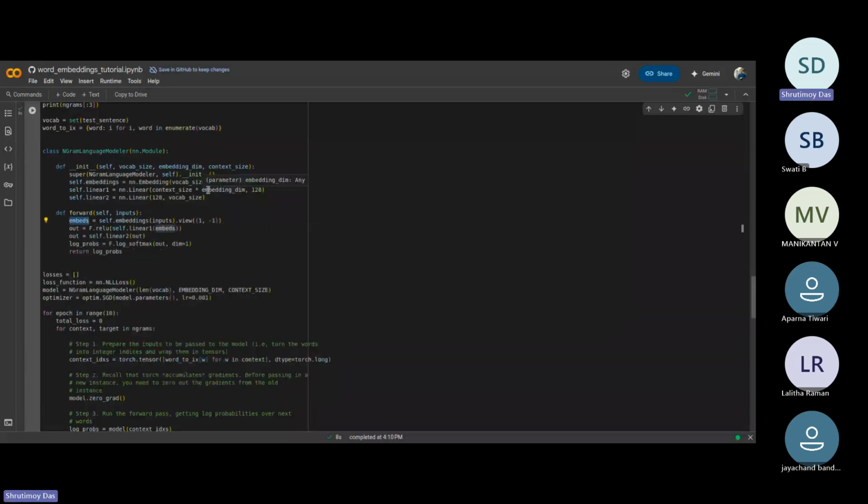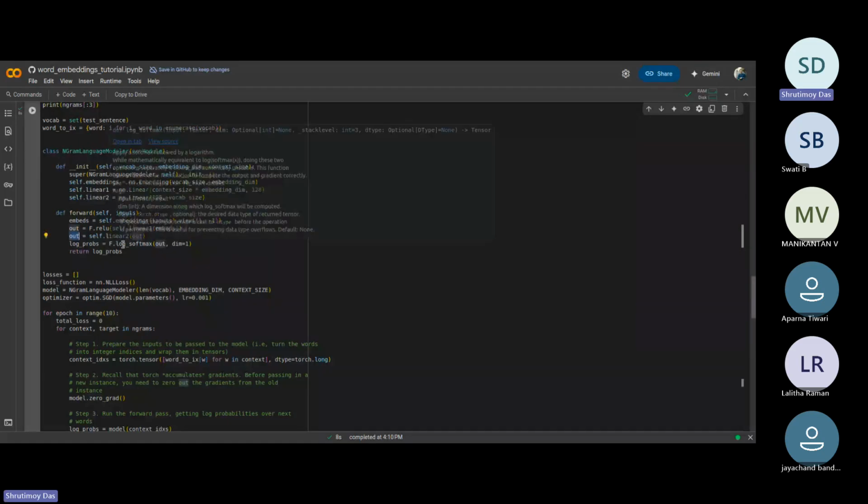Since it is a neural network, you have to introduce nonlinearity, right? So you pass those embeddings through the linear one layer, and then you apply ReLU on top of that. You take this output and pass it through the second linear layer, where you go from 128 to vocabulary size, and you get back this out, and then you do a softmax of that.